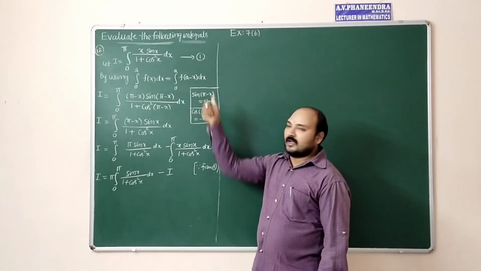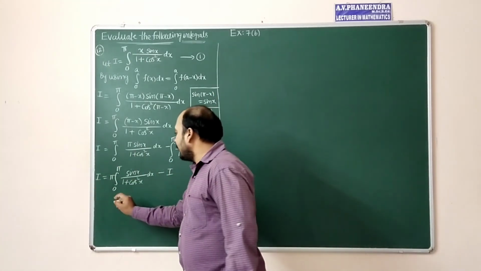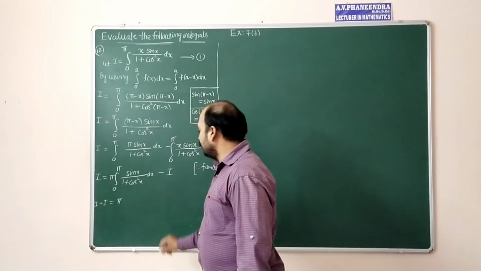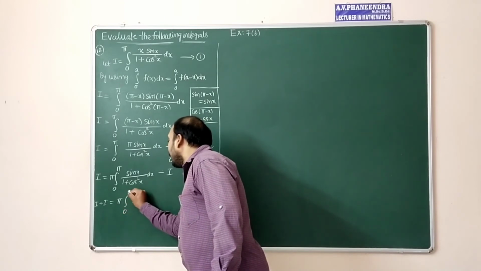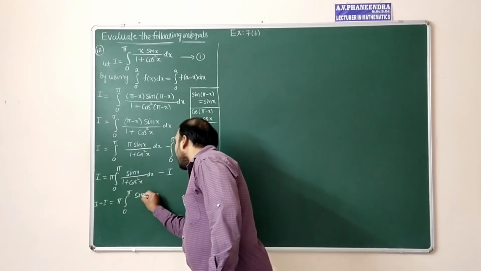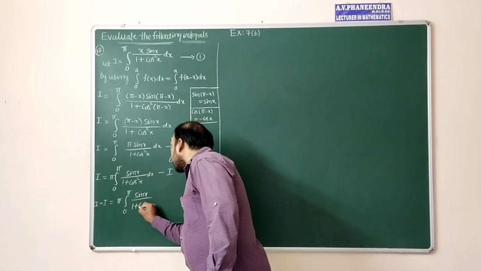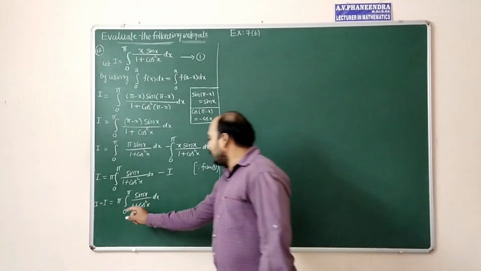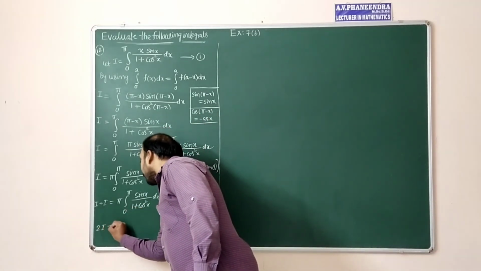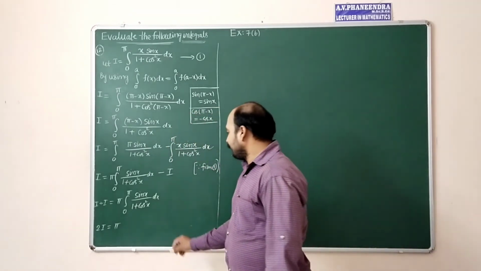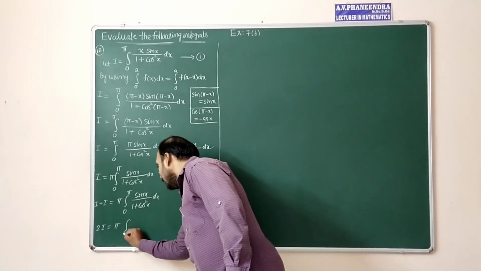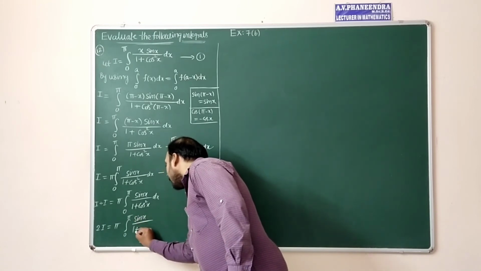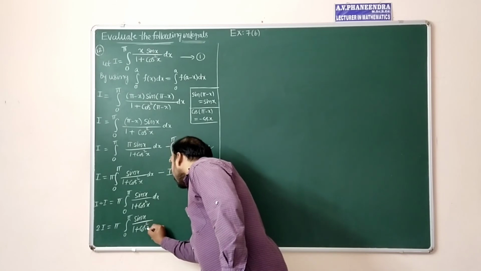Because from equation 1, we can take the minus I to this side: I plus I is 2I, equal to pi into integral 0 to pi sin x divided by 1 plus cos square x dx.